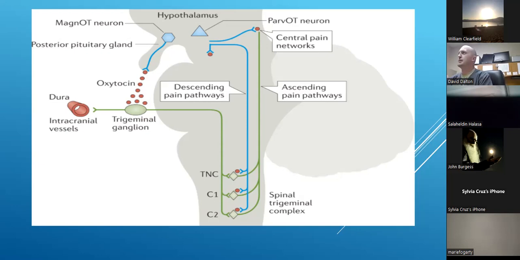What happens is that the signals of the pain will be carried through the trigeminal nerve. So the trigeminal nerve that we know is supplying the face. We know the branches, right? Mandibular branch, the ophthalmic branch, and the maxillary branch, right?